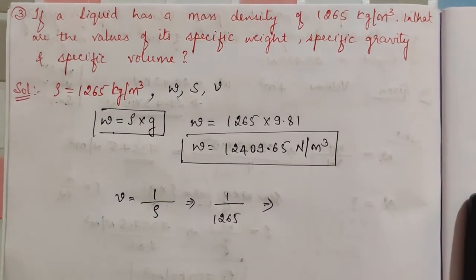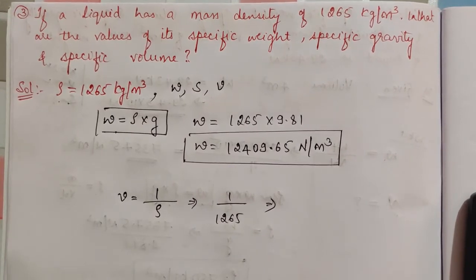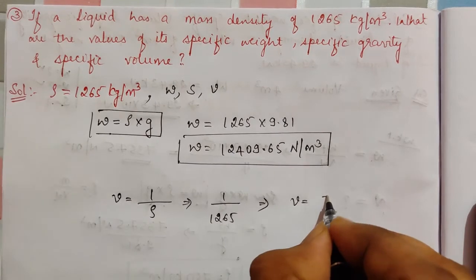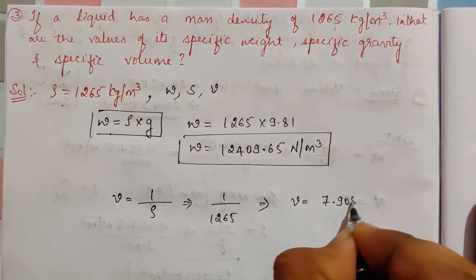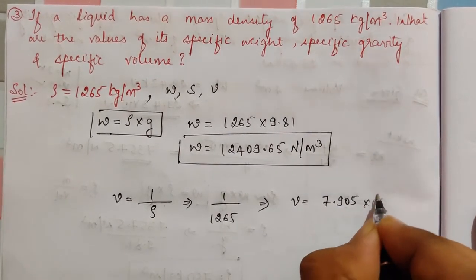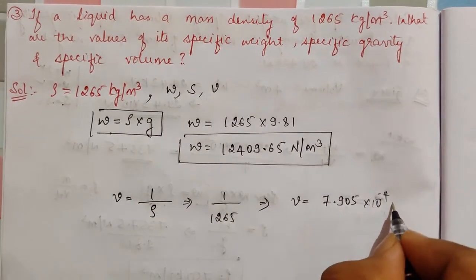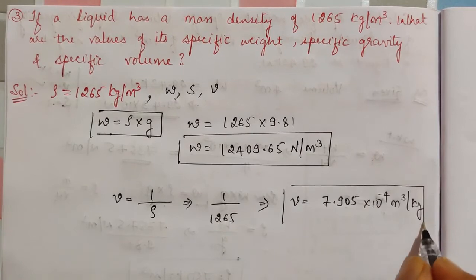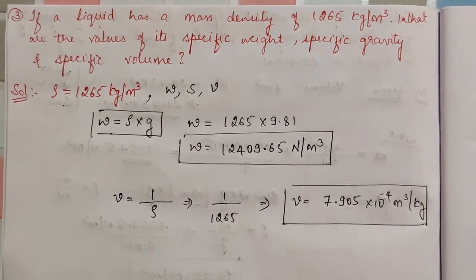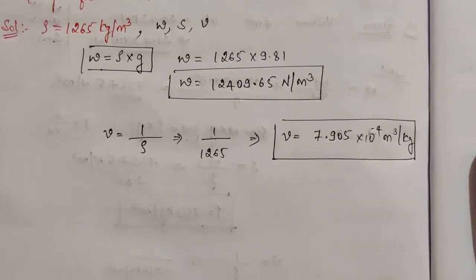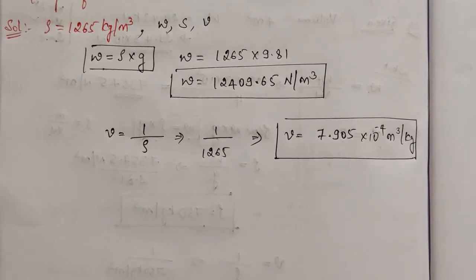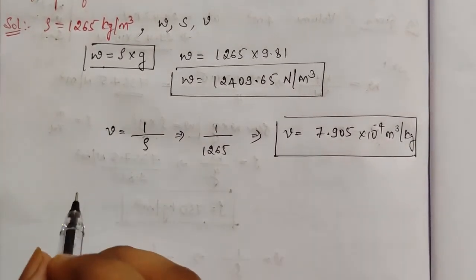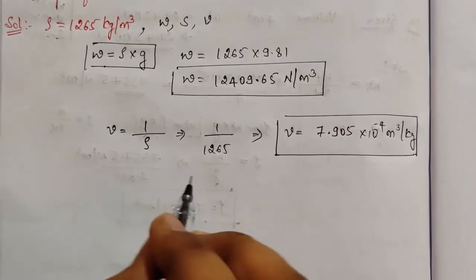You will get the specific volume: 7.905 into 10 power minus 4 meter cube per kg. Simple problems will be given just to make you practice the formulas. So the specific volume is found.